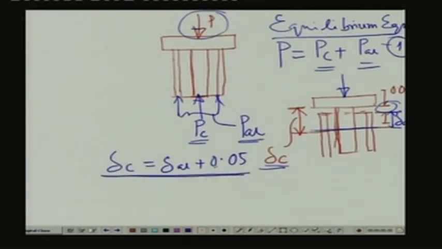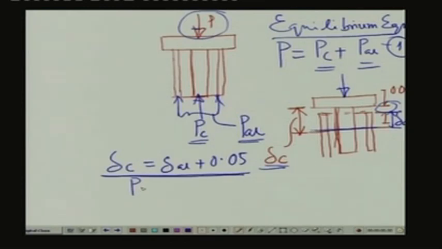So, this is the compatibility equation, and now if we apply Hooke's law to this deformation equation, we can get an additional equation from which we can evaluate P_C and P aluminum. Now, delta C we can write in terms of the load and cross-sectional area, which is PL by AE.